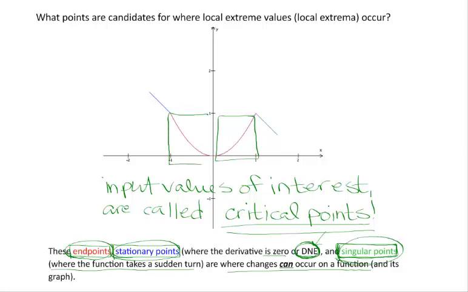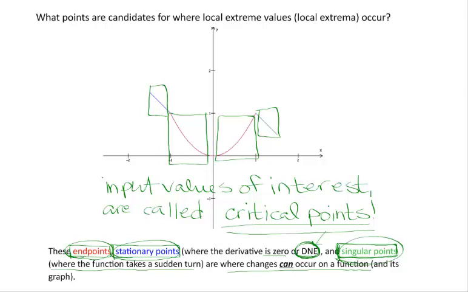At no other place on the graph of this function, besides the endpoints, or where the function takes a sudden turn, or where the derivative equals 0, the function has a horizontal tangent line. Those are the only candidates where extreme values can occur.